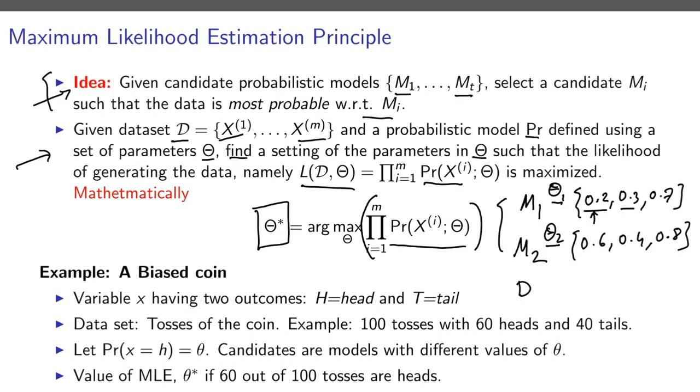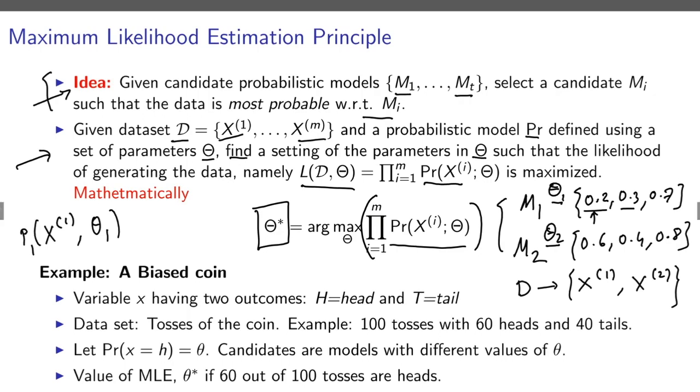What you'll do is go through each example in the data set, and let's say the data set has two examples, x1 and x2. You compute the probability of x1 according to the parameter setting theta 1, which is nothing but the model M1.